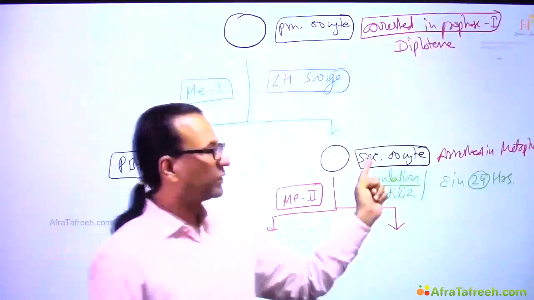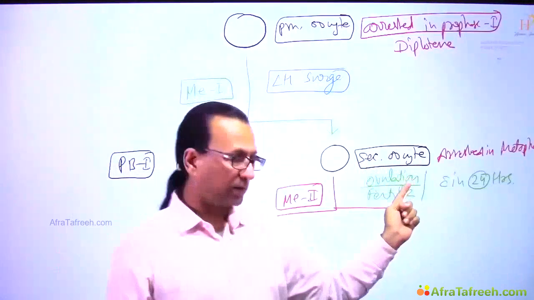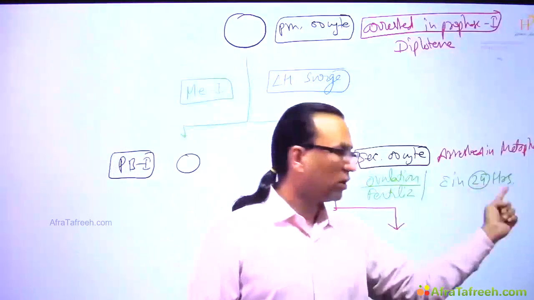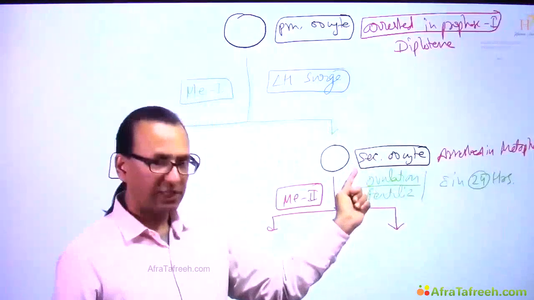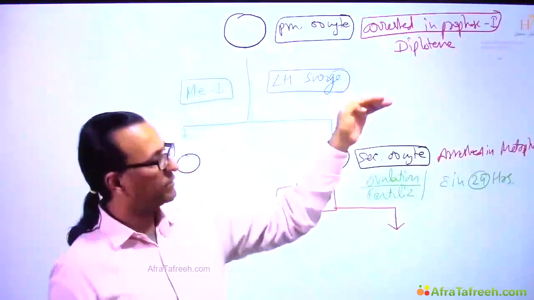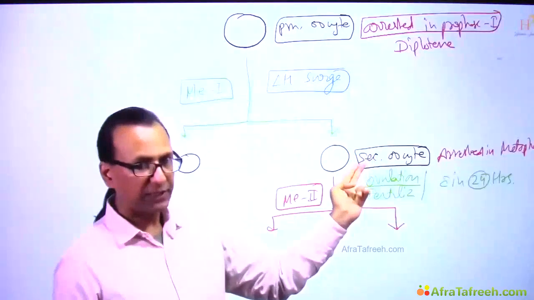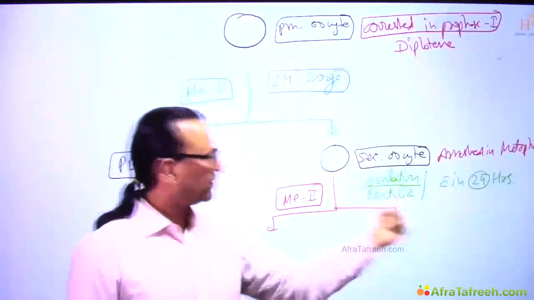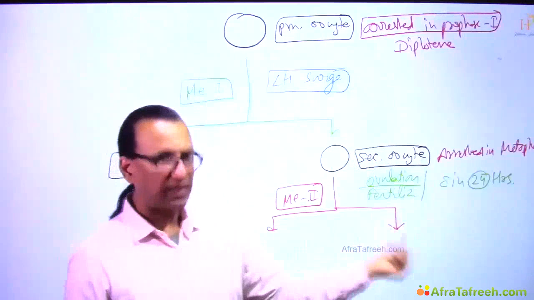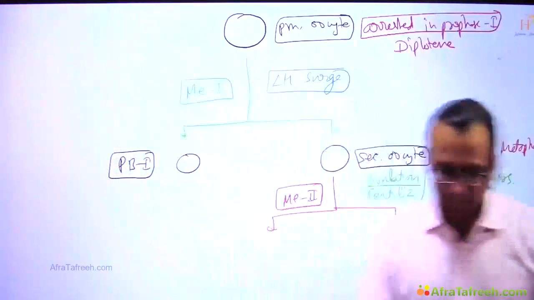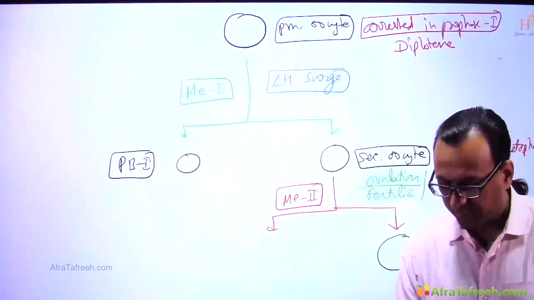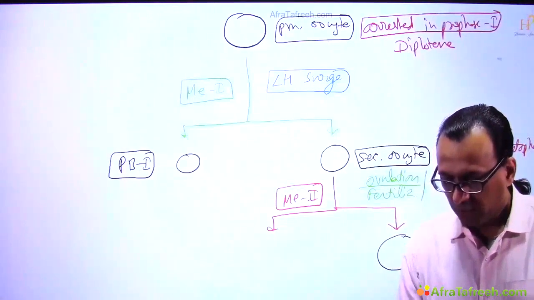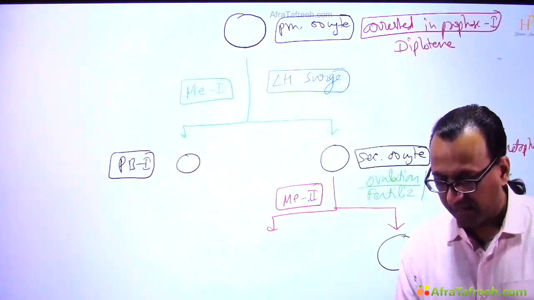The secondary oocyte, if it doesn't meet with sperm within 24 hours of ovulation, then the secondary oocyte is degenerated and menstruated by the end of the cycle. Fertilization is a rare event to occur, and if it happens, then you'll have the next cell, which is called as the mature oocyte. Now some books will write it as ovum.